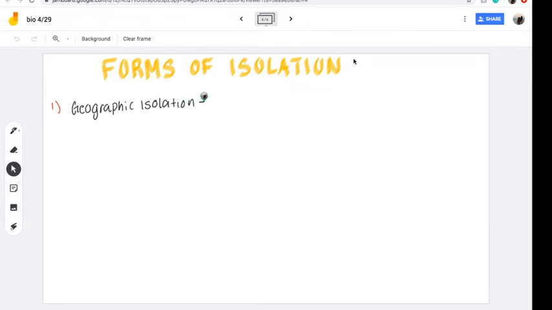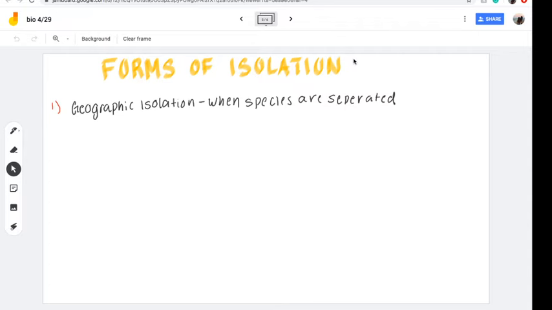Geographic isolation occurs when species are separated. So let's say mountain ranges, canyons, rivers, lakes, or glaciers may cause significant isolation between species.